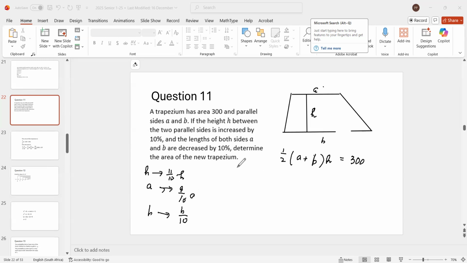All right, so you have that the sides are changed, the lengths have changed. So the new area is equal to, again, half the sum of the parallel sides.